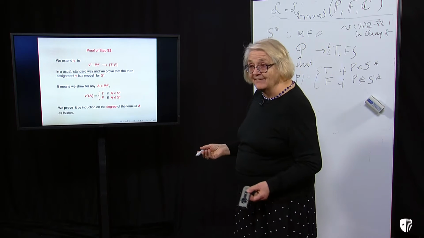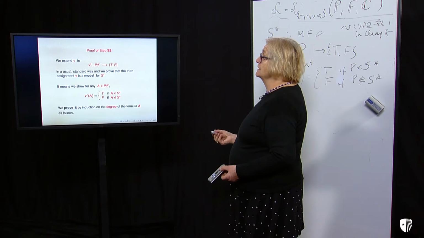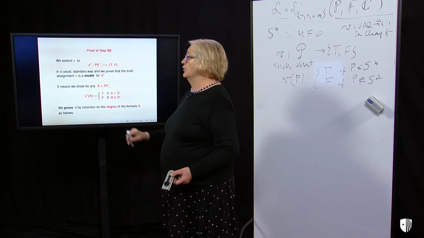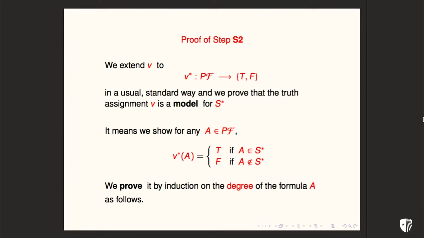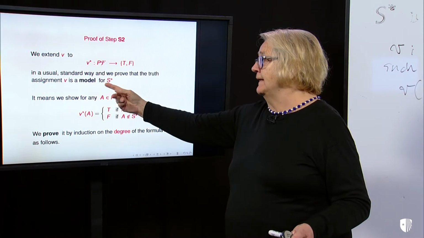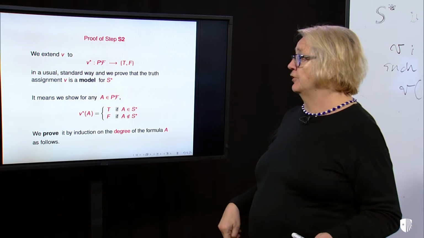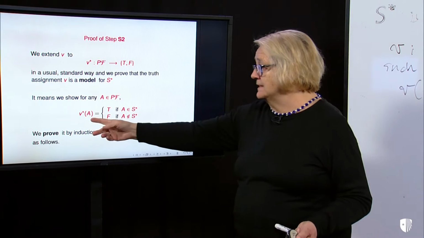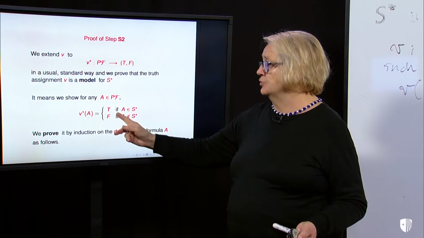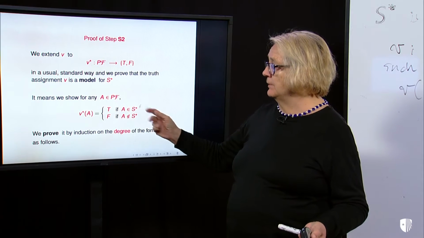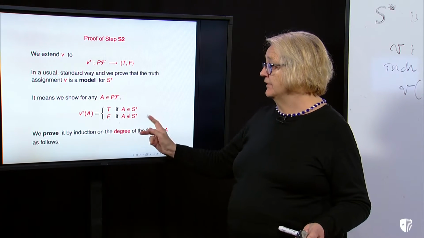And we extend this V to all formulas, and to the truth assignment, to show that the truth assignment is a model for S star. It means we want to show that V of A is T when A, any formula, belongs to S, and F if it doesn't.